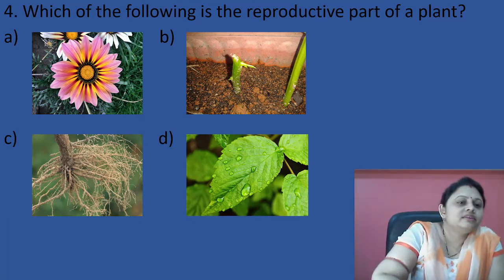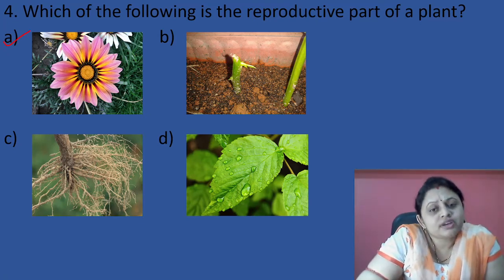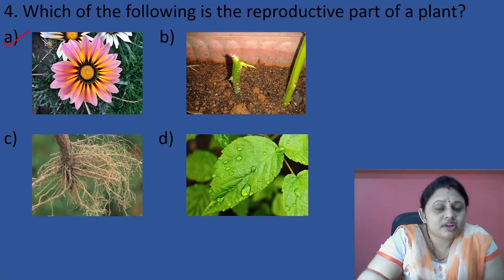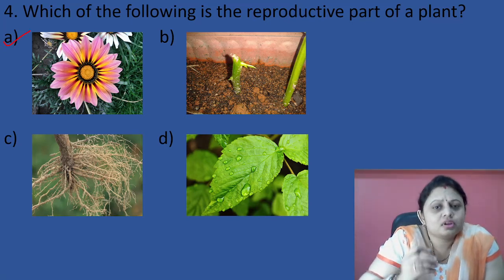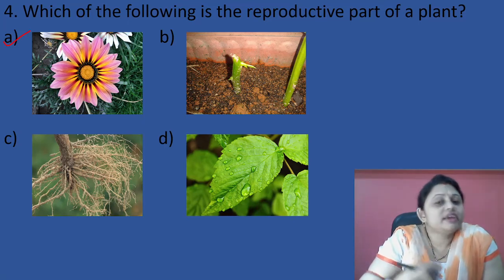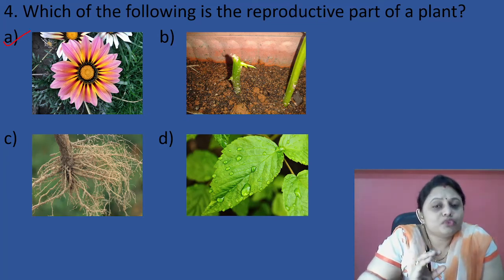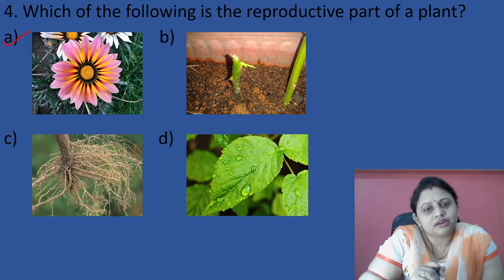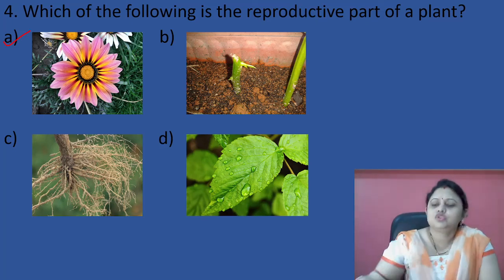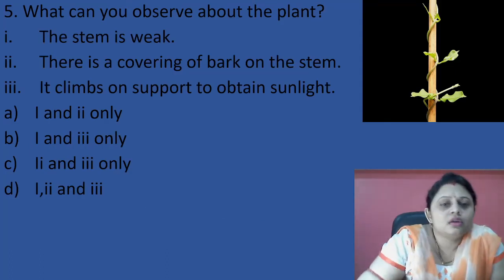It is also true that from stem cutting and in some cases from leaves and other parts we can produce a new plant, but that is known as vegetative propagation. We don't call it the reproductive part. Reproductive part is always flower. If you know the answers, you can send me in the comment box.